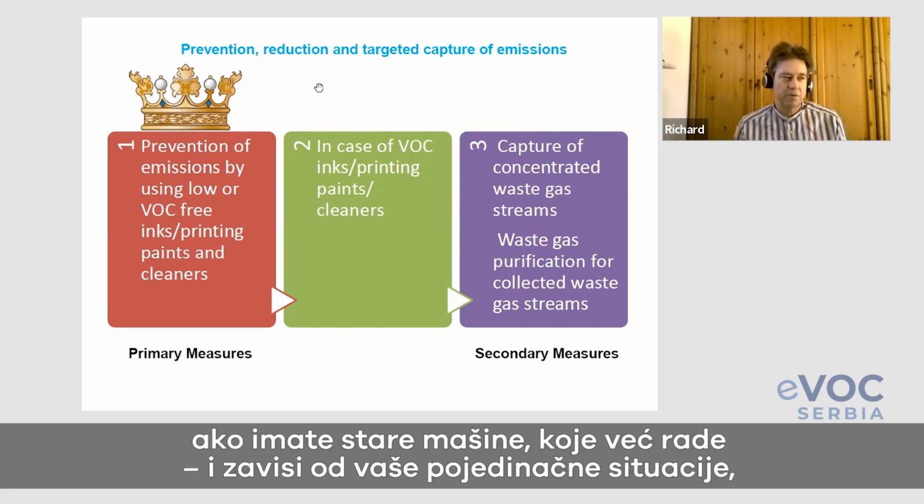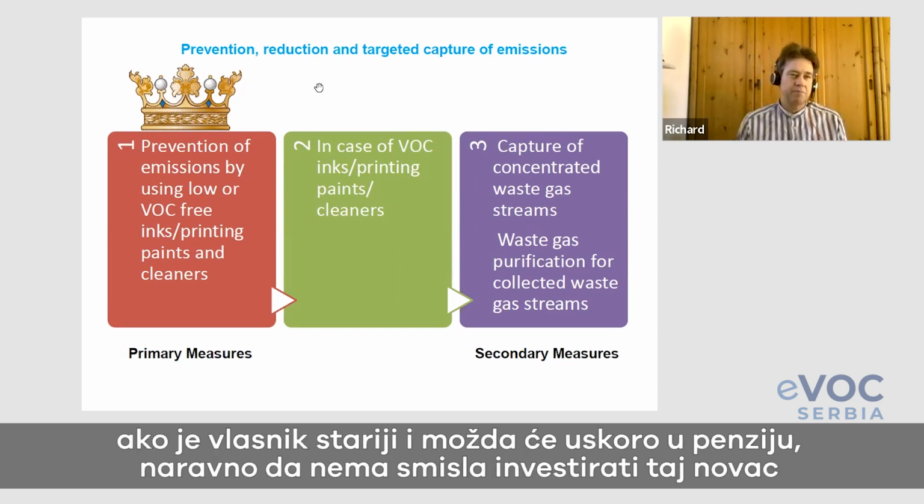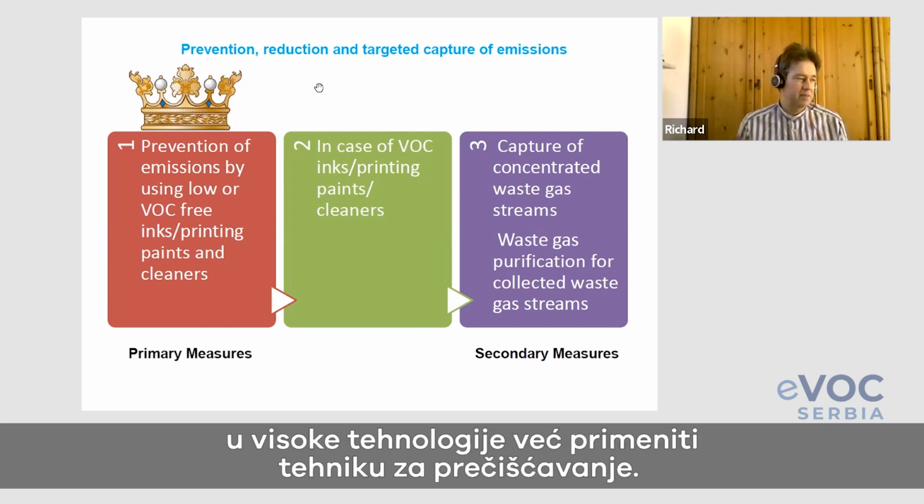If you have old machines that are still working, or depending on your personal situation, for example if the owner is elderly and maybe wants to give up the installation, of course it makes no sense to invest money in very high tech things.